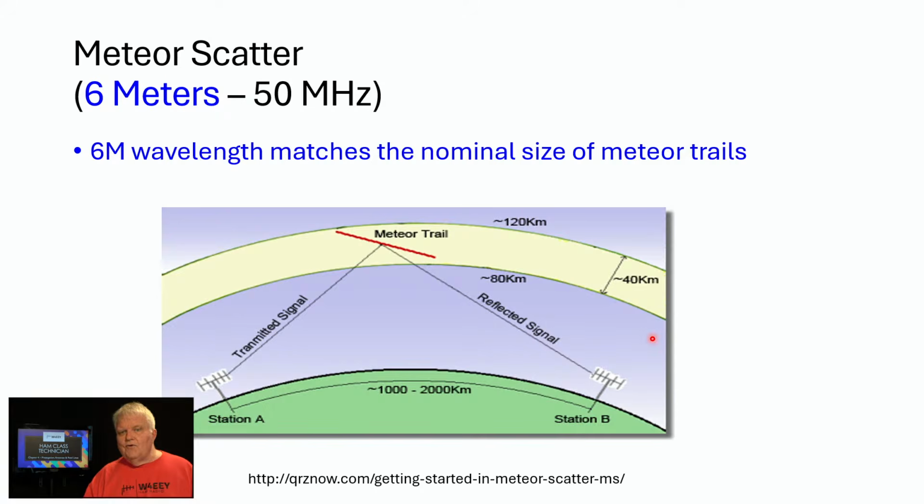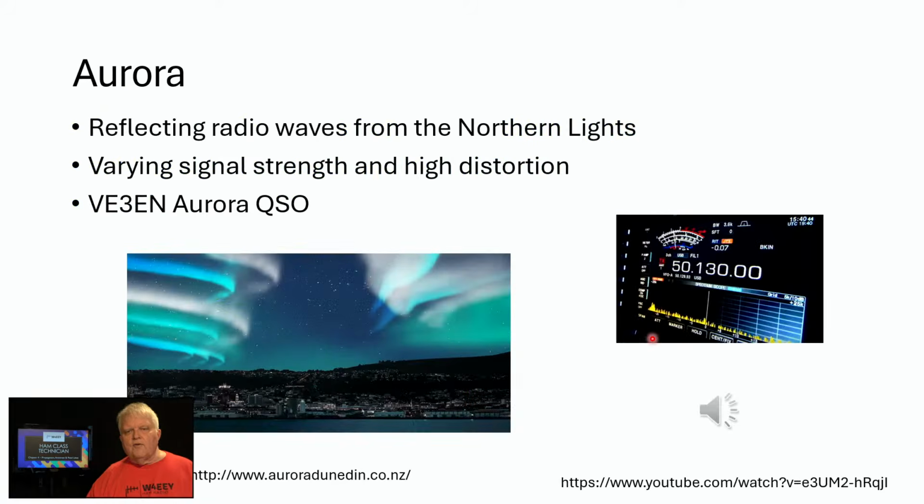Another way has to do with aurora. Aurora borealis in the northern hemisphere, aurora australis. This has to do with energy that comes from the sun that disrupts the Earth's geomagnetic field, and it makes all sorts of pretty aurora that you can see at the northern latitudes.